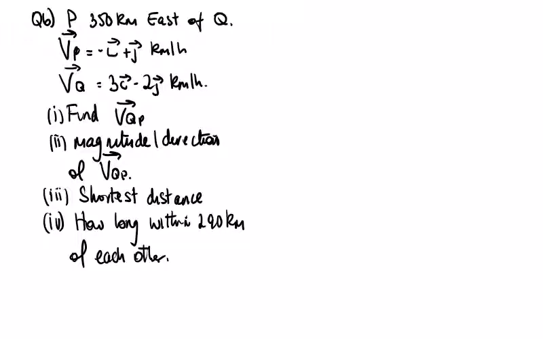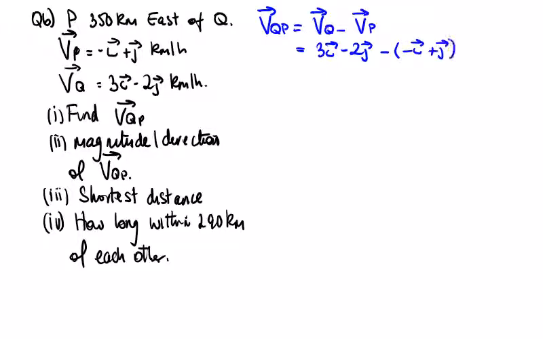Question 6. P is 350 kilometers due east of Q. Velocity of P is minus I plus J in kilometers an hour, and the velocity of Q is 3I minus 2J. Find firstly the velocity of Q relative to P. So the velocity of Q minus the velocity of P is equal to 3I minus 2J minus (minus I plus J).